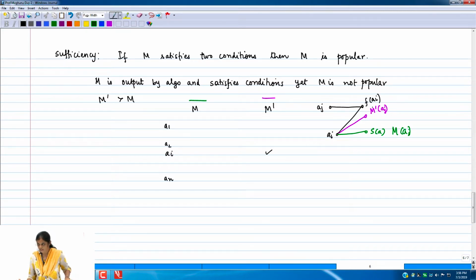We do not know what it is. It is just better than S of AI. Yeah, it need not be the first. We are not assuming M prime is popular.